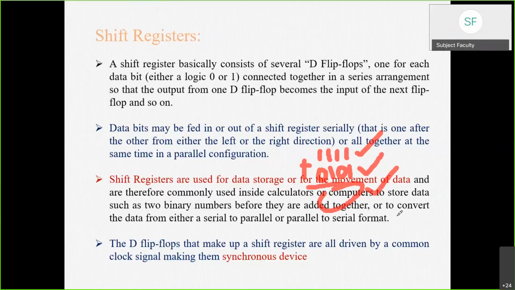Again, another application or another advantage or another use of this shift register is it can convert the data from serial to parallel or parallel to serial.